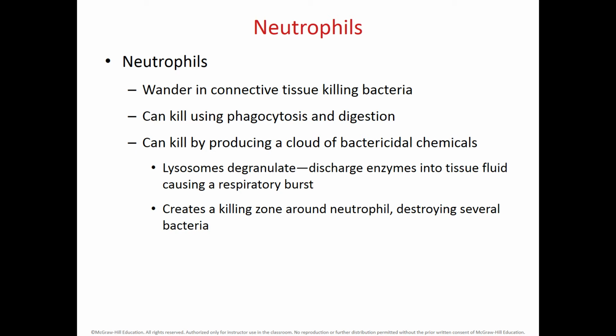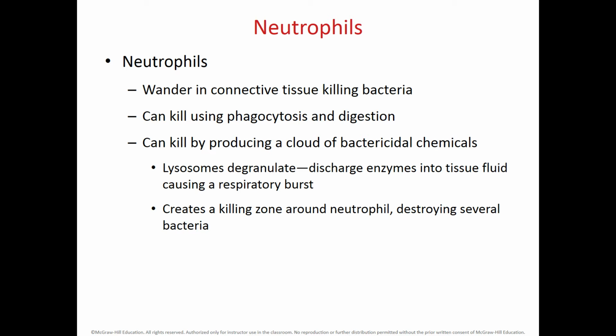Now, the neutrophils will exit the circulatory system when there is a chemical that attracts them to an area where there is injury. Otherwise, they don't have a reason to exit the circulatory system. And once they exit the circulatory system, they will go into the connective tissue, so outside of the blood vessels, and then they will try to find bacteria, and once they find bacteria, they will kill the bacteria. They can kill the bacteria by phagocytosis and digestion.